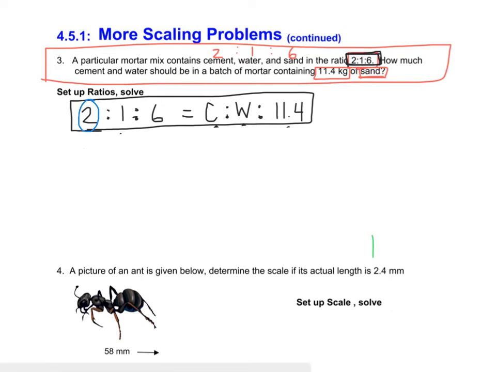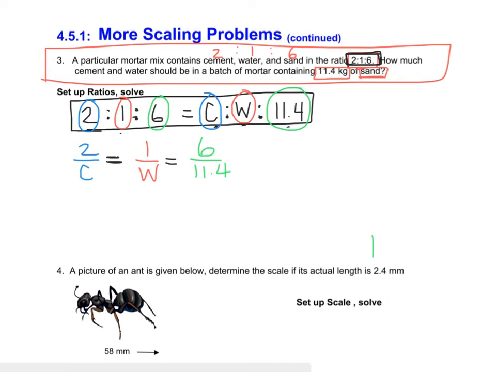I'll always start on the left, so the first number on the left over the first number on the right, so 2 over C is equal to the second number on the left over the second number on the right, 1 over W, which is equal to the third number on the left over the third number on the right, 6 over 11.4.